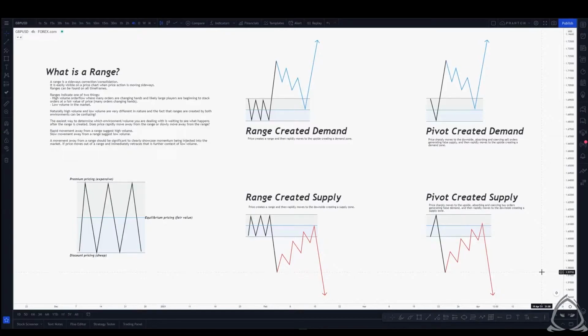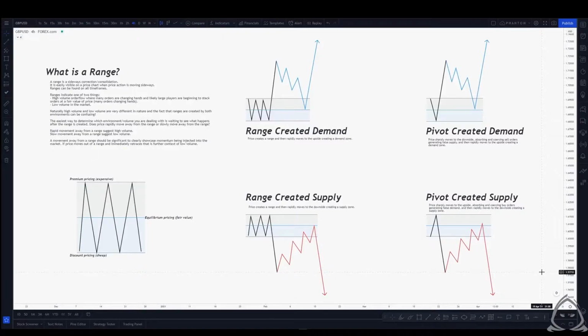One thing to note is ranges can be found on all time frames, and sometimes you need to look up a time frame in order to see that you actually truly are in a range if you're too zoomed in. Ranges indicate one of two things. One being high volume order flow, where many orders are changing hands and likely large players are beginning to stack orders at a fair value in price, which basically means that demand and supply are changing hands quite rapidly, but eventually you do see a large move to the upside or the downside depending on which side of the market is being traded.